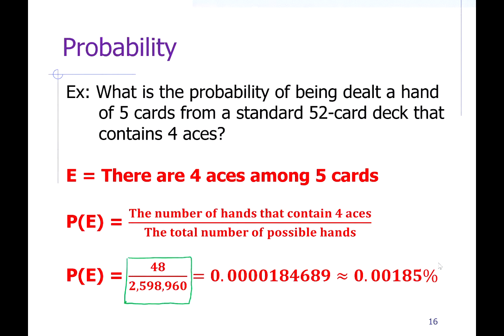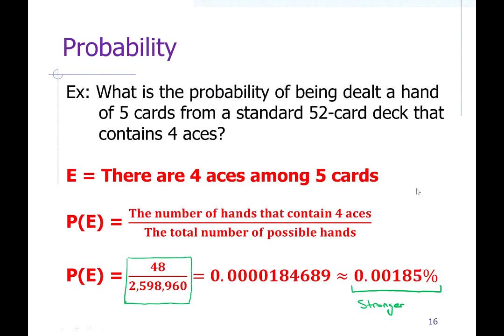For example, 4 of a kind beats a hand with 5 cards of the same suit, called a flush. Now, why does 4 of a kind beat a flush? Well, the probability is lower. So the lower the probability, the stronger the hand.